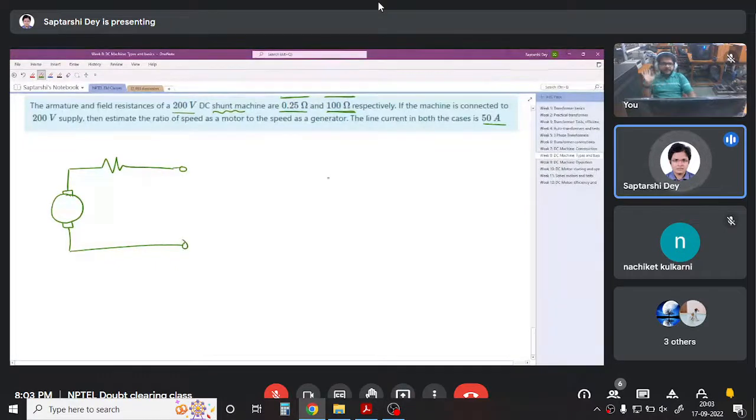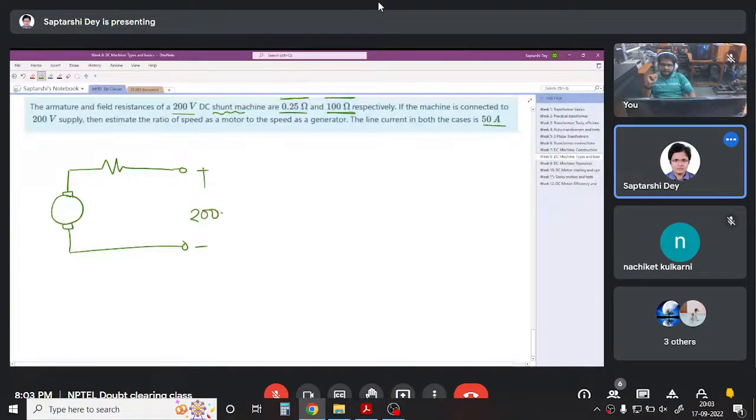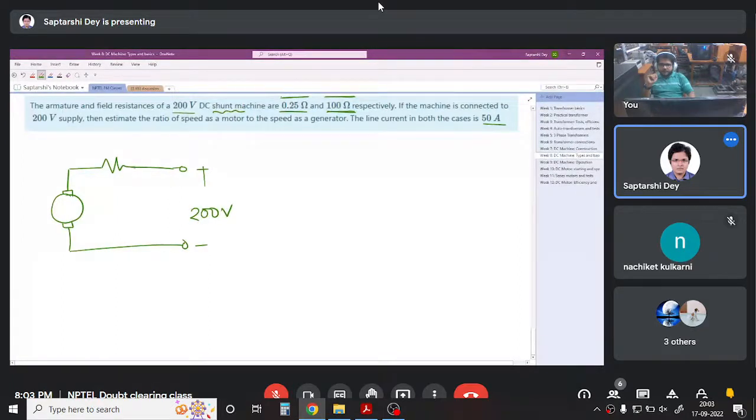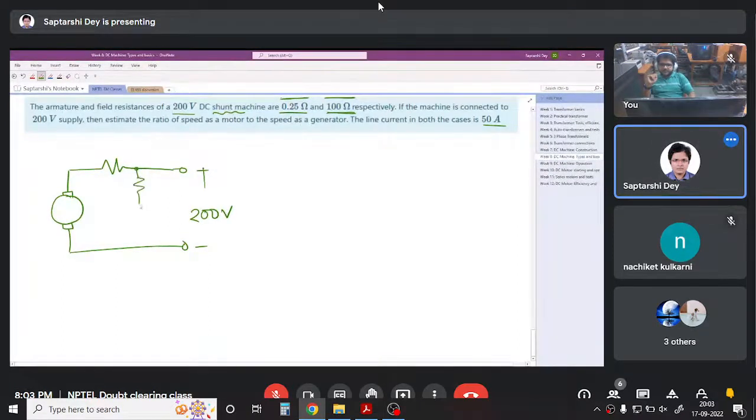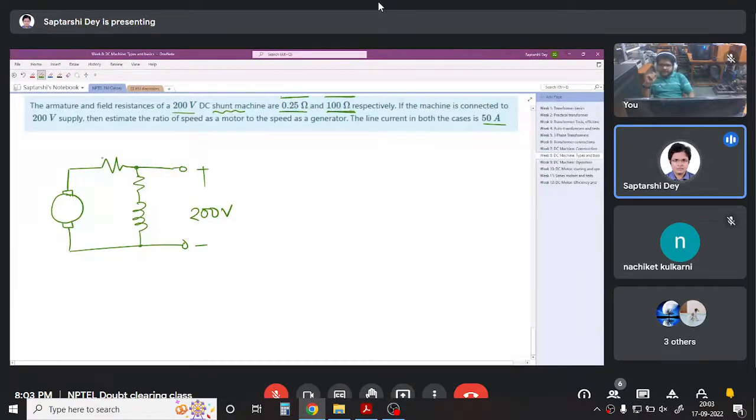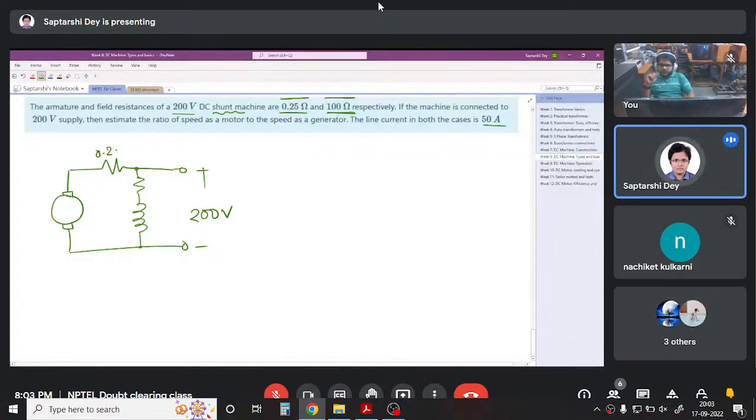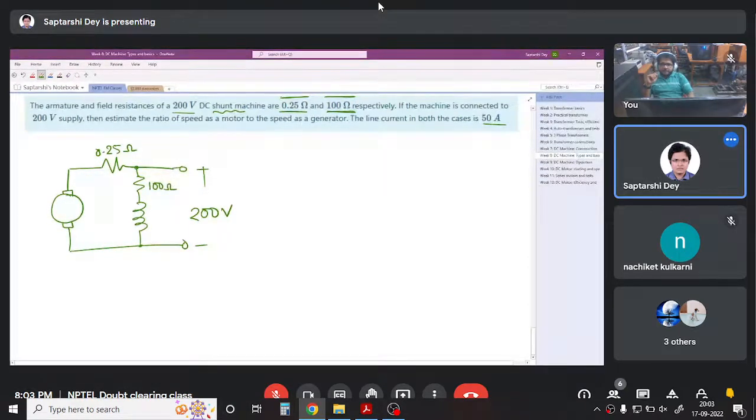And it is invariably connected to a 200 volt supply. And there is the field winding here. This thing is 0.25 ohm, this thing is 100 ohm. In one case, it is motoring.